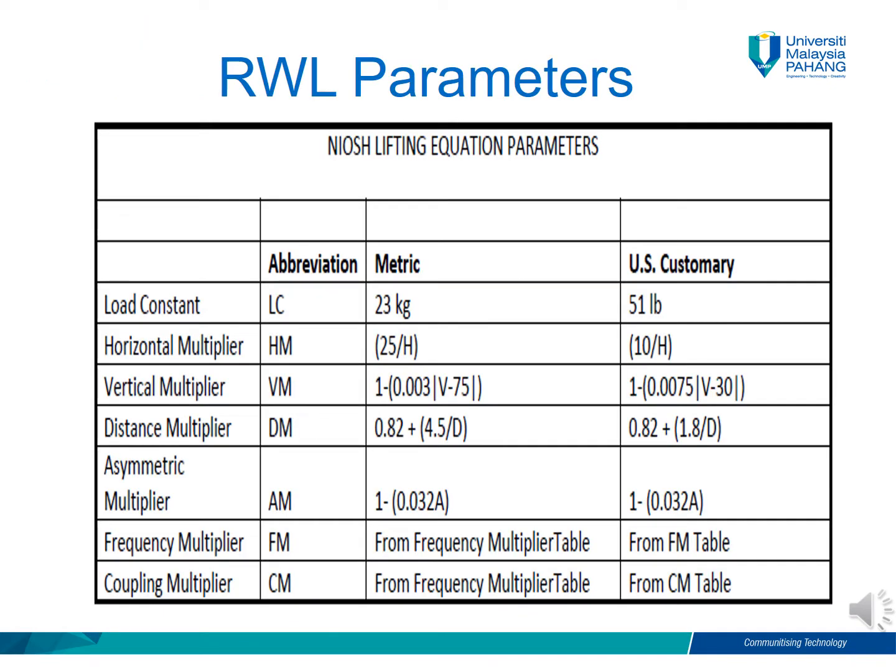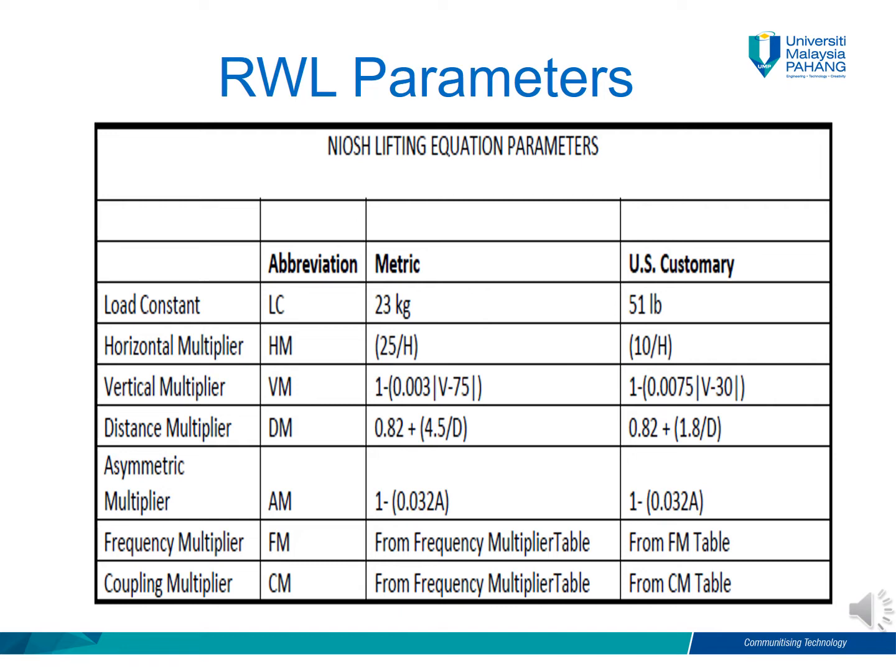This slide is showing the RWL parameters and the calculation to obtain the multiplier for each parameter. For load constant, we will use 23 kilograms. We will focus on the metric system. For the horizontal, vertical, distance, and asymmetry multipliers, there is a calculation that we have to use.